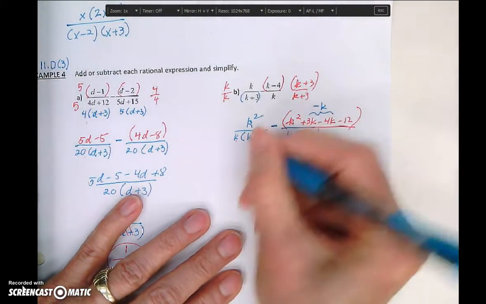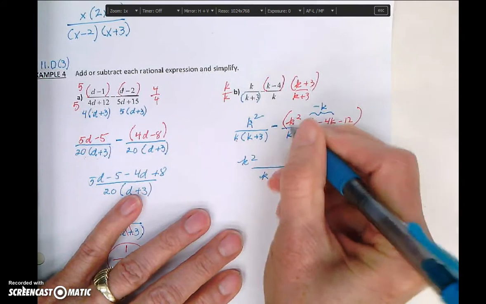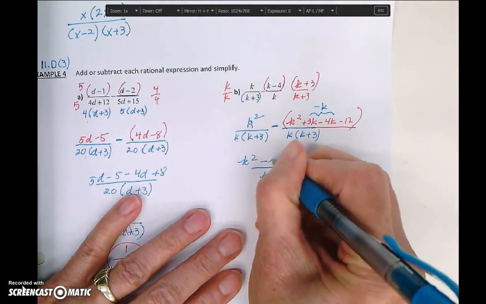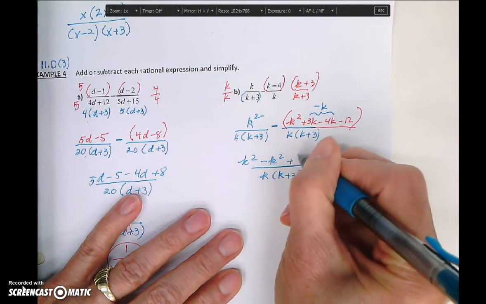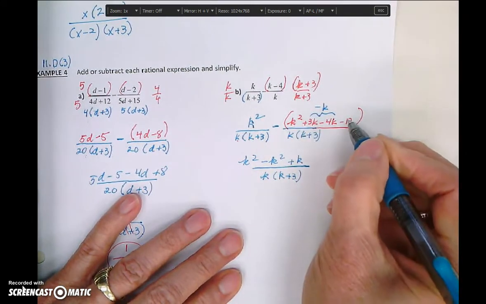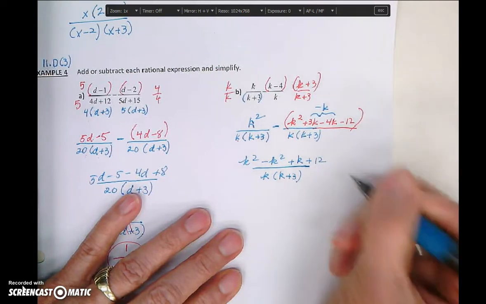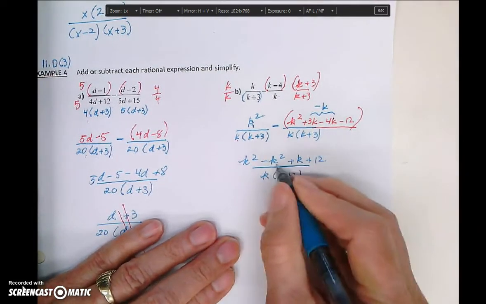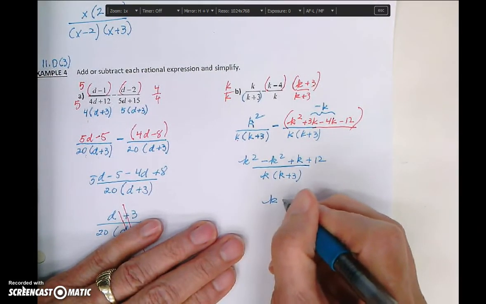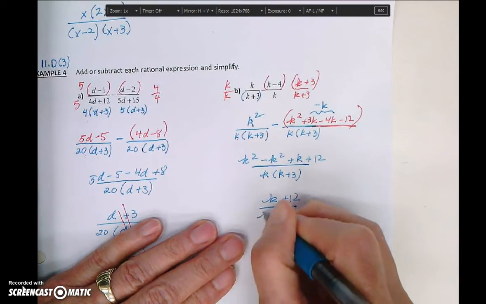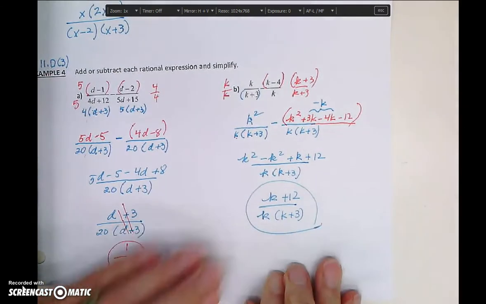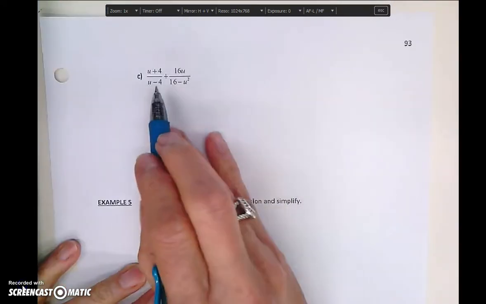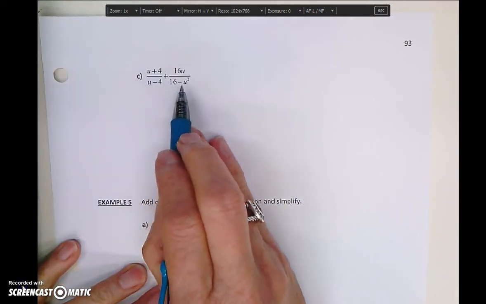So I get k squared, and I'm going to distribute that minus through, so minus k squared minus a minus k gives me plus k, and then minus a minus 12 gives me plus 12. So when I combine like terms, I end up with k plus 12 over k times k plus 3. And that's my answer.